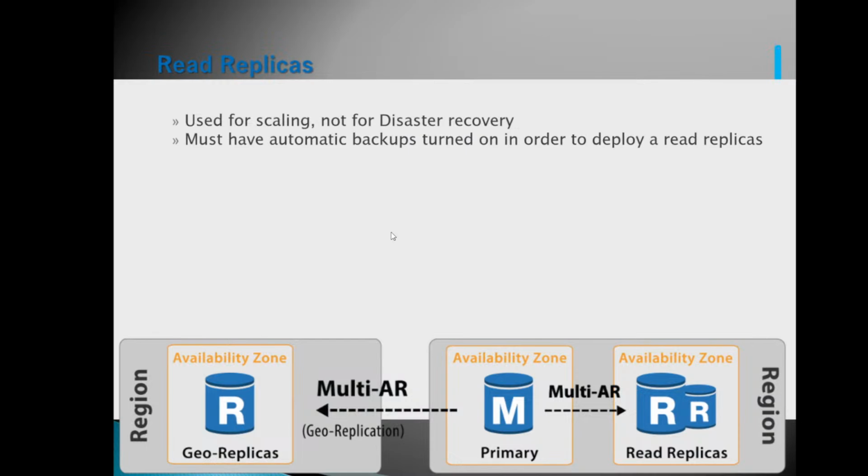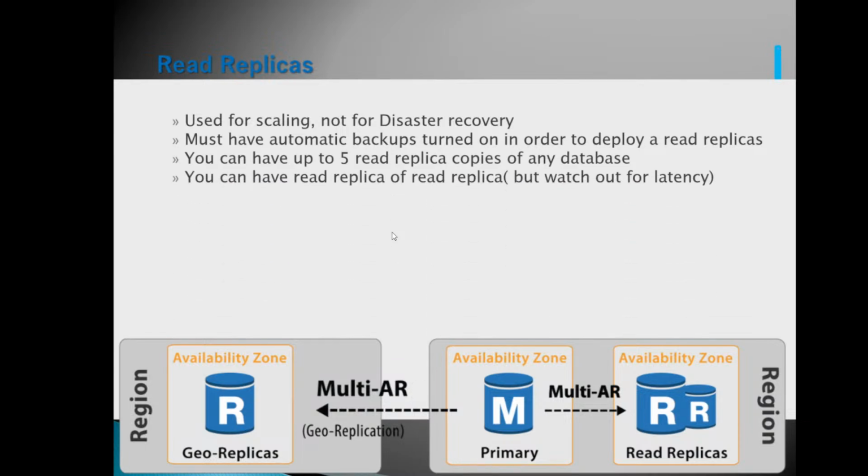You must have automatic backup enabled in order to deploy a read replica. Then you can have up to 5 read replicas of your RDS instance.